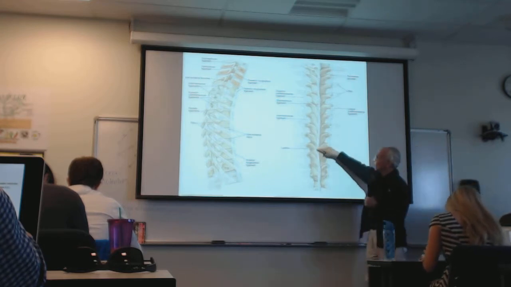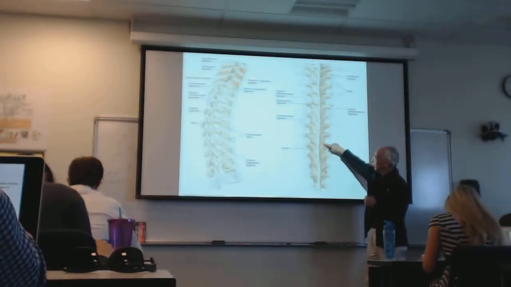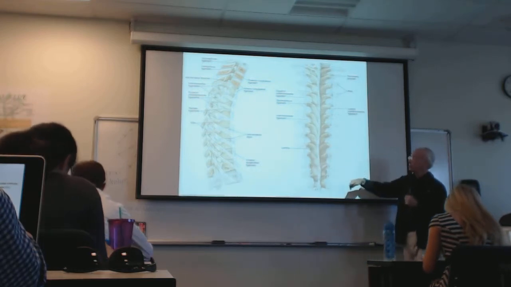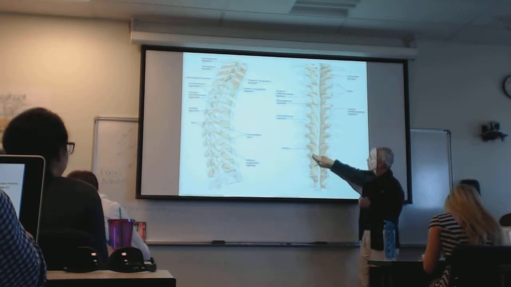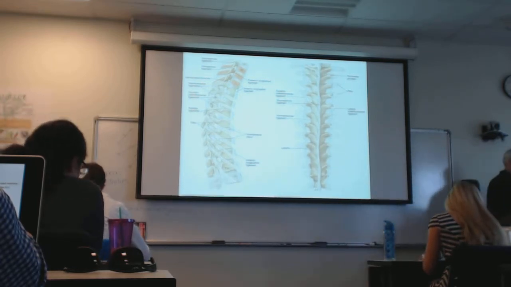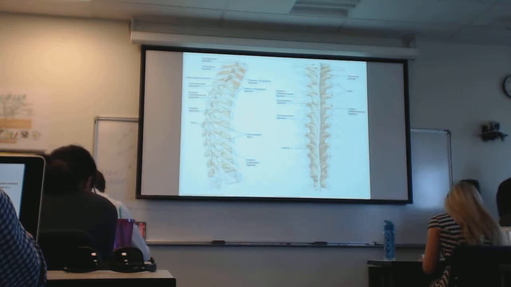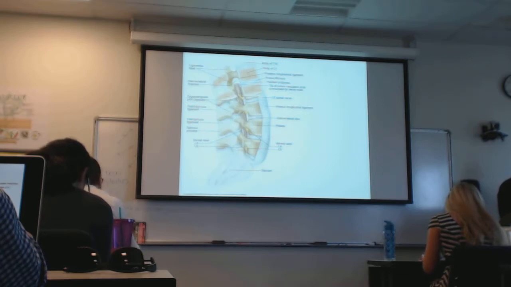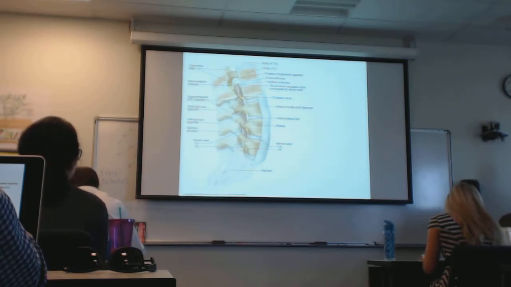So accessing the cord from this region would involve what is called a laminectomy. So to some degree or another, you're probably going to have to excise a portion of the bone, depending upon the objective. And there are all kinds of less invasive procedures now. And this is where we're headed. We want to somehow gain access to one of these regions in here.